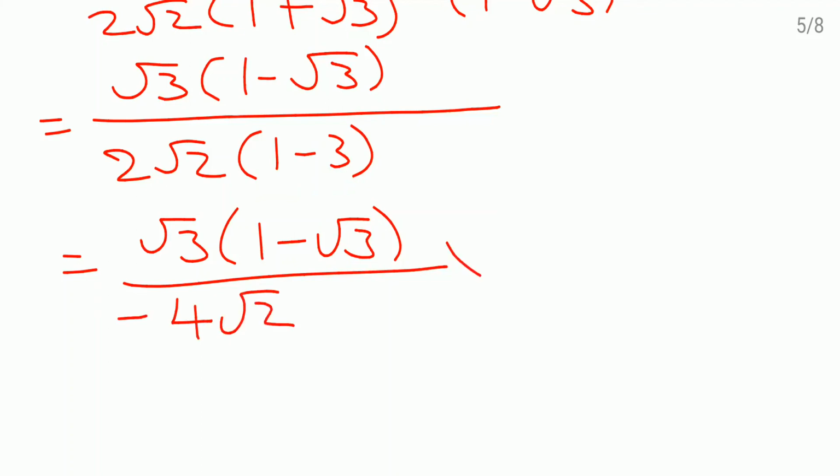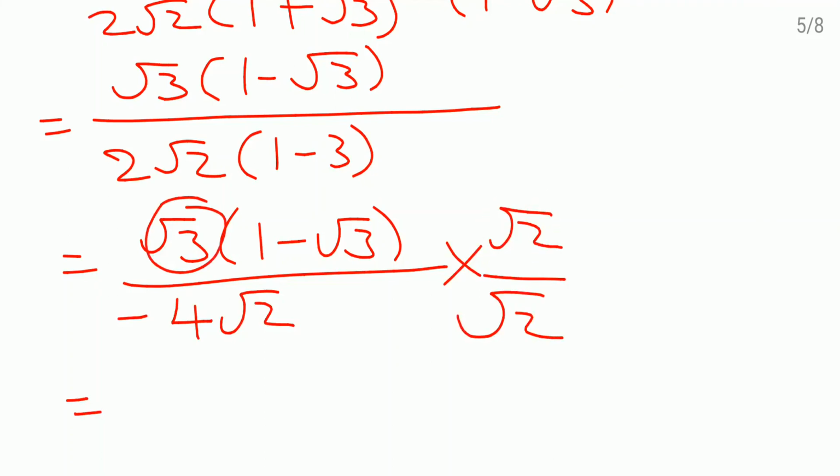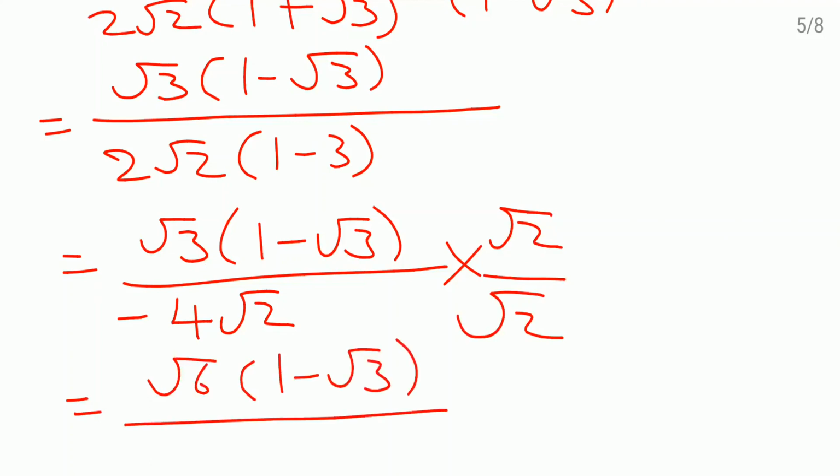Still our denominator is not rational. So what I will do? I will multiply this number by root 2 and divide by root 2. So here this root 3 and root 2 is root 6. So here root 6 in the bracket 1 minus root 3 at the denominator minus 8. Why? Because root 2 and root 2 is 2. 2 into 4 is 8 and negative sign as it is.